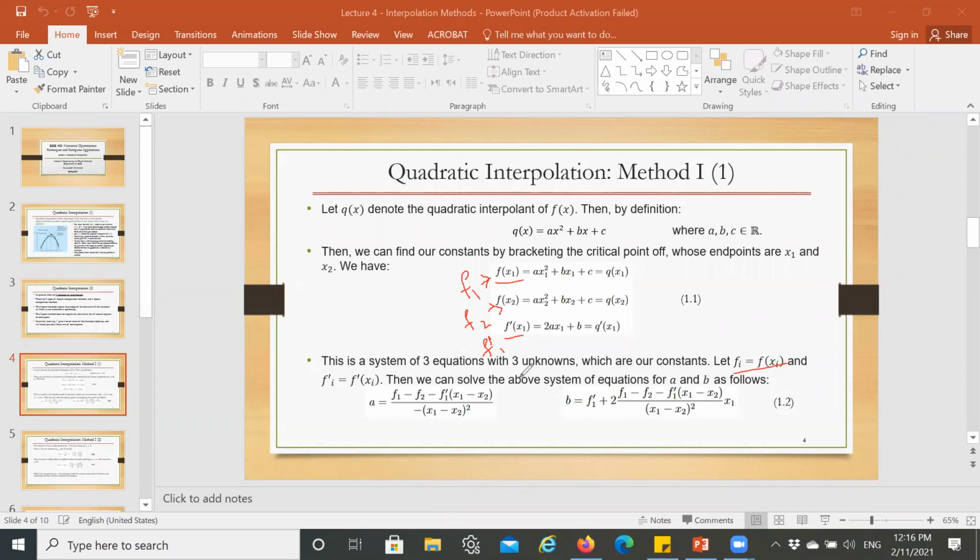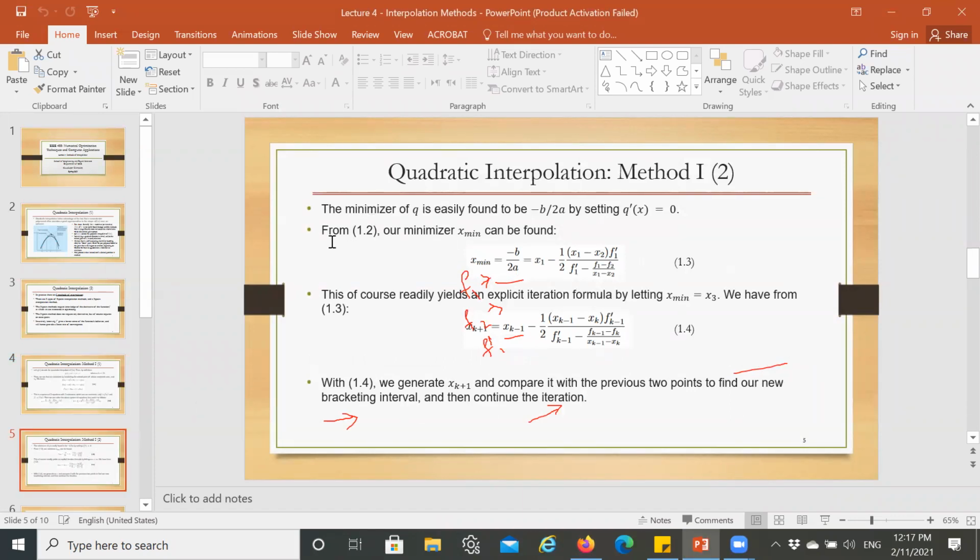If I do that and solve these equations, you can try it at home, and you will eventually get A and B as shown over here. Okay, so we get A and B. All right. Is it clear? Yes. Good.